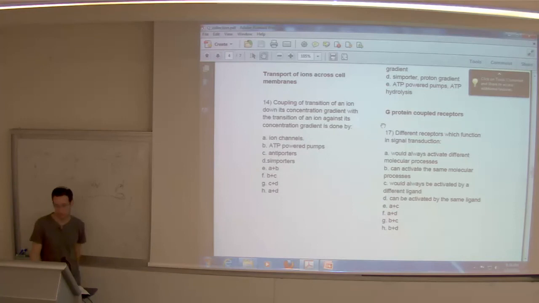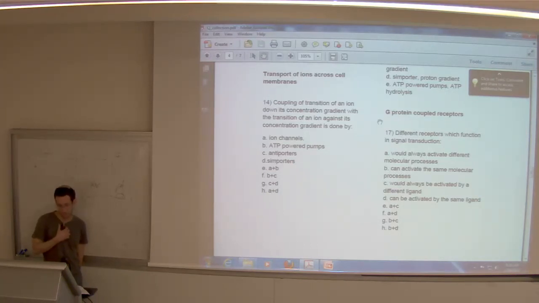Okay, transport. Coupling of transition of an ion down its concentration gradient with the transition of an ion against its concentration gradient is done by the ion channel? No, I agree, it's not correct.